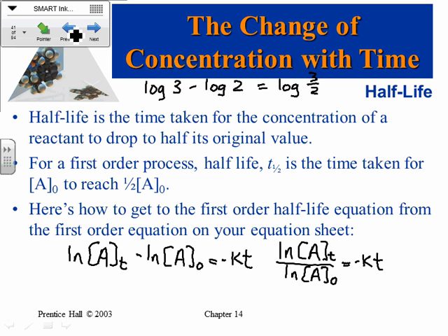But we just said that this A at t here is actually 1/2 of A0, right? So if I take this divided by this, I should end up with what? If this is going to be half of that.